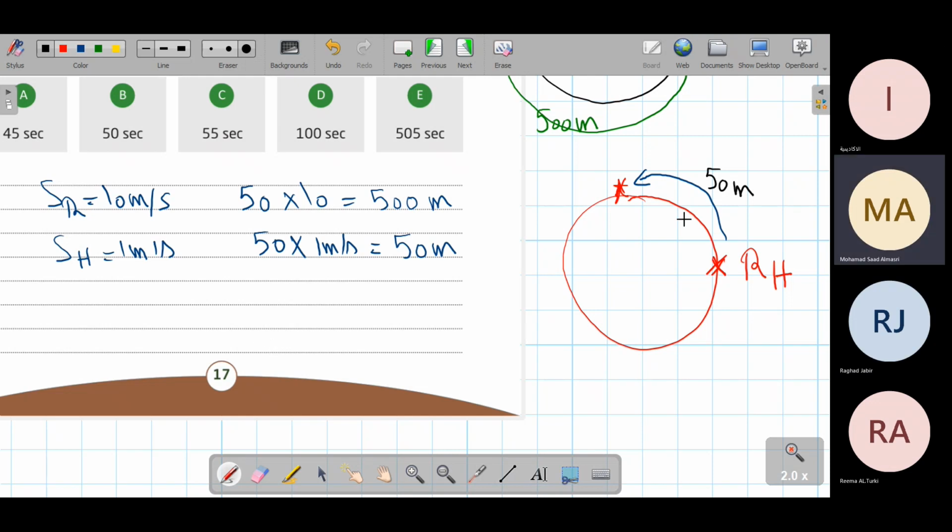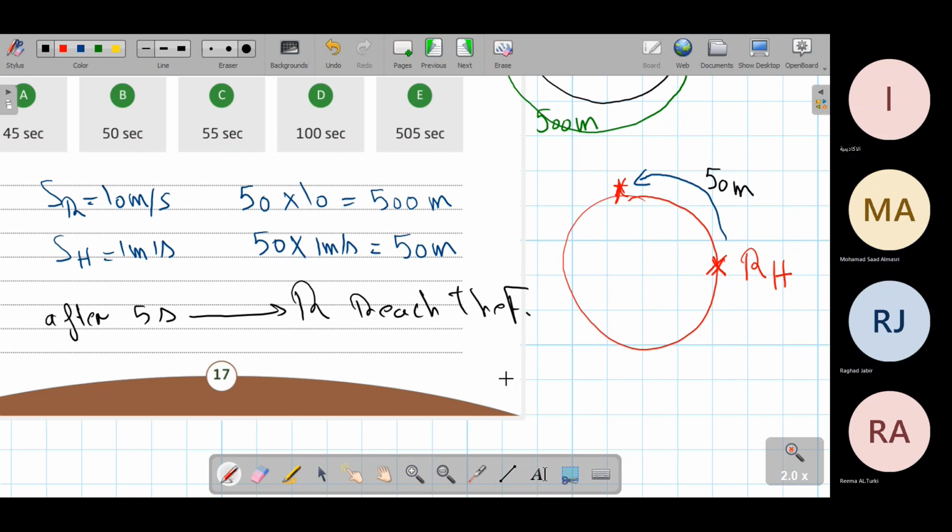How do we get 5? It's just dividing 50 over 10. So 50 over 10 is equal to what? 5. So after 5 seconds, the rabbit reaches what? The finish. Yes. That's clear.